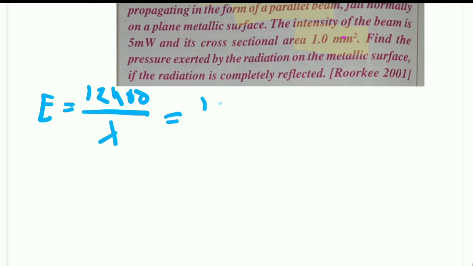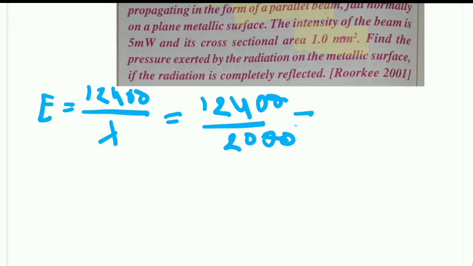Given 12,400 by 2000, two zeros cancel. Solving, 6.2 electron volts, then 10 to the power of minus 6 joules.